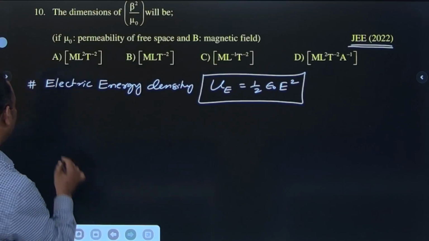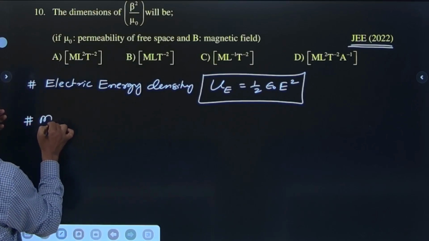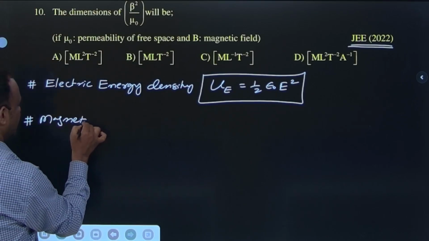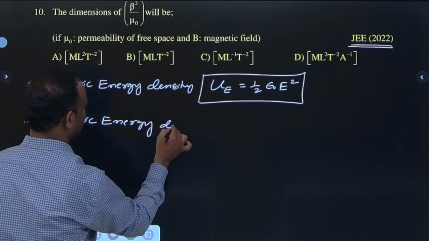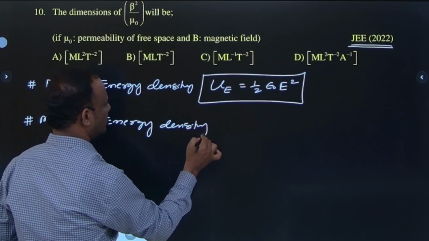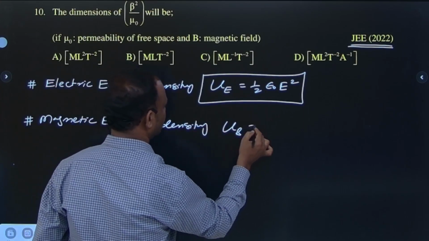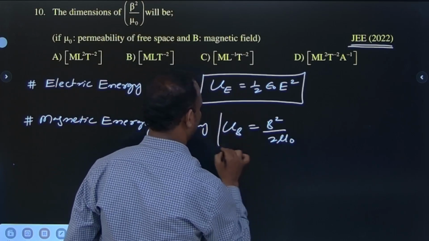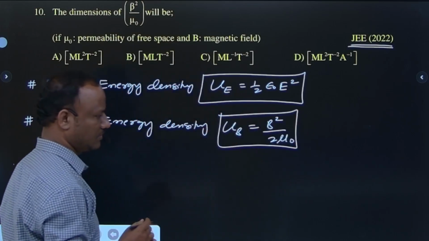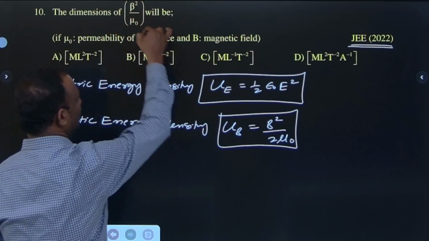Next one, magnetic energy density. Magnetic energy density U B is equal to B square by 2 mu naught is the next relation. So you can see this one is B square by mu naught only.